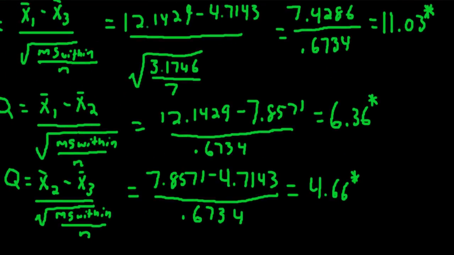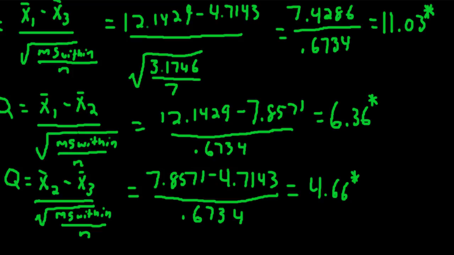So we can conclude here that the anxiety commercial group had significantly higher depression scores than the group assigned to view the control commercials. In this case, all pairwise differences were statistically significant.